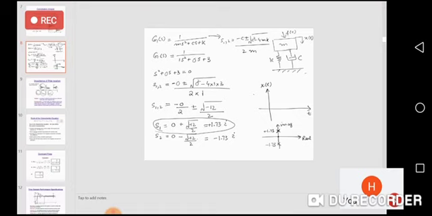Now the denominator polynomial roots are plus 1.73 iota and minus 1.73 iota.